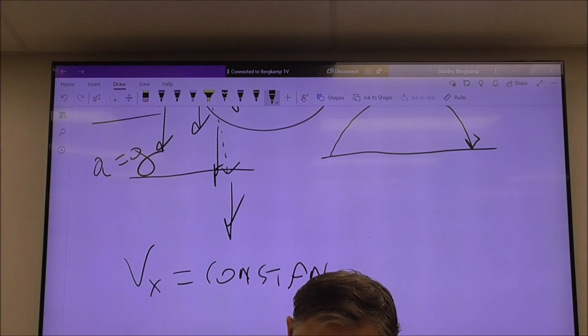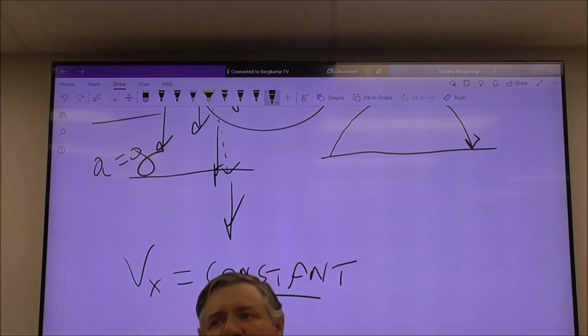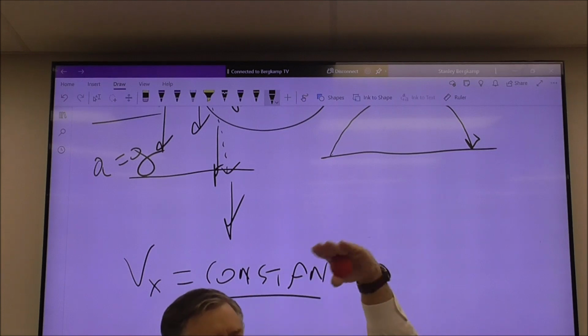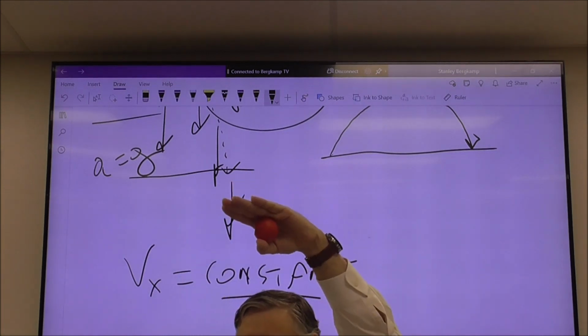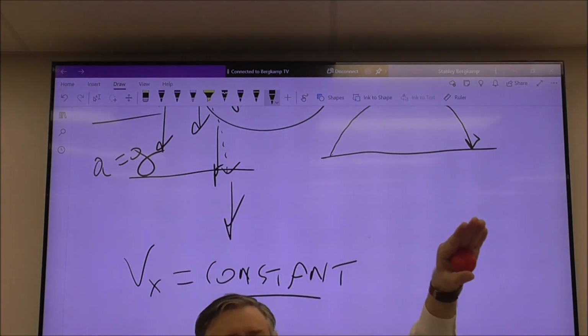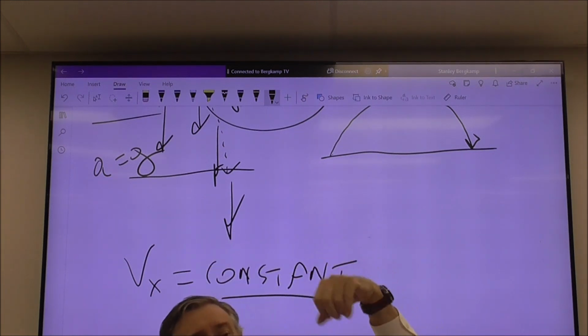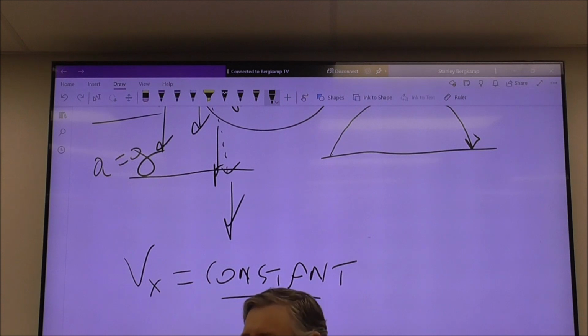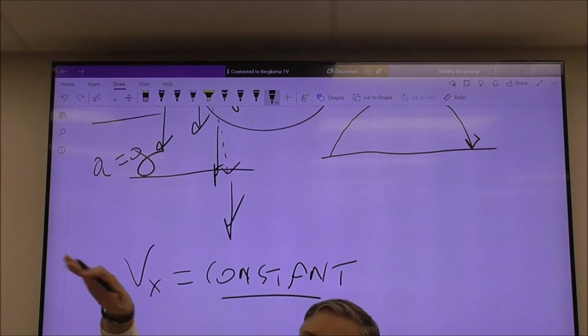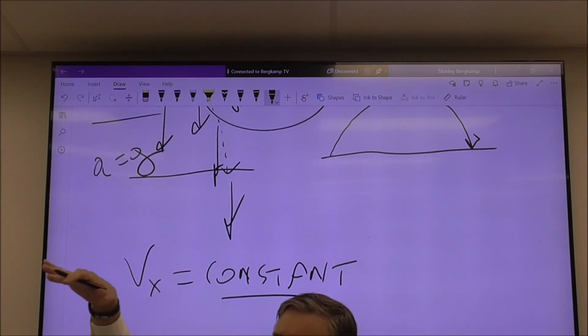Whatever launch velocity you have in the horizontal direction stays there. The only way that can happen is if there are no forces acting in the x direction, so we're going to assume there are no forces acting in the x direction.